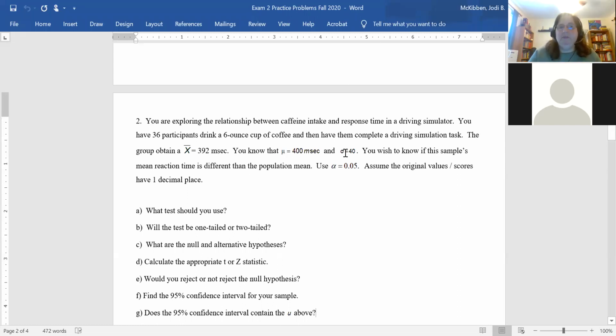This means population standard deviation. If I am given any form of a sigma, look for this symbol or look for population variance or population standard deviation or population standard error of the mean. If I see any of that, it's a z-test.